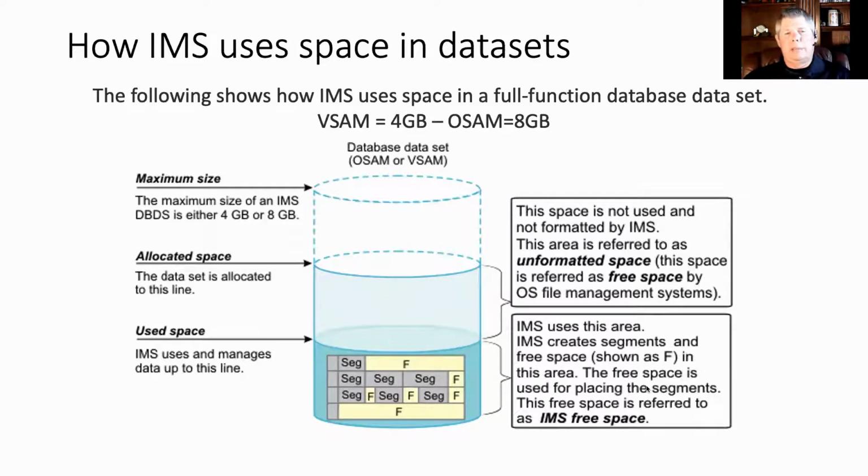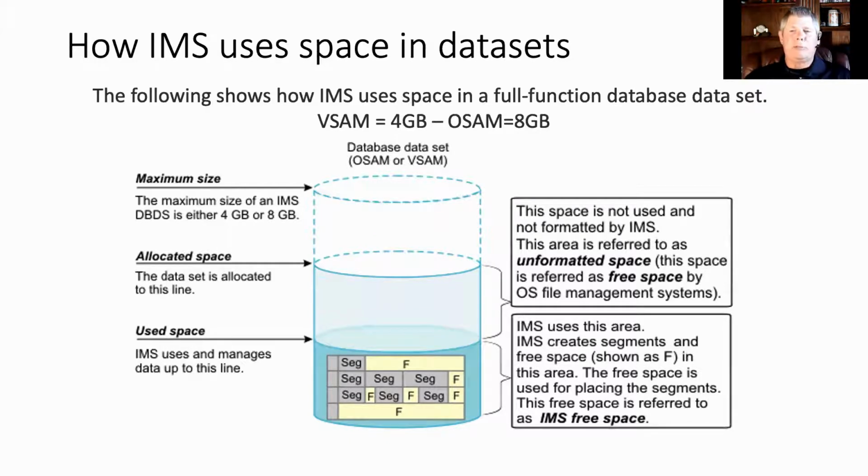So this is just kind of a graphic, and I stole this information, but it's a graphic of what a database looks like. When IMS uses this data for the first time, IMS formats it into what's called control intervals or blocks, and these are allocated within the data set and can be used by IMS.